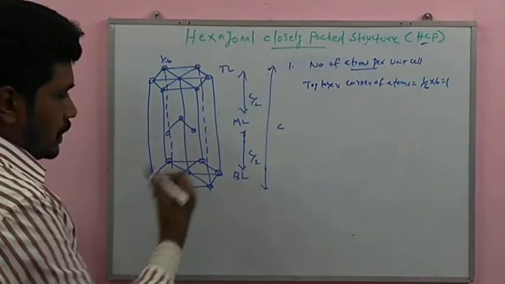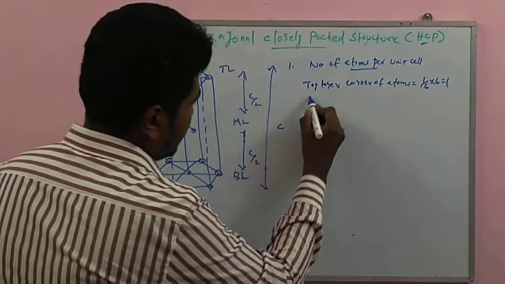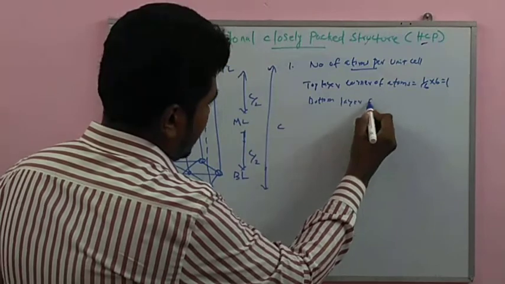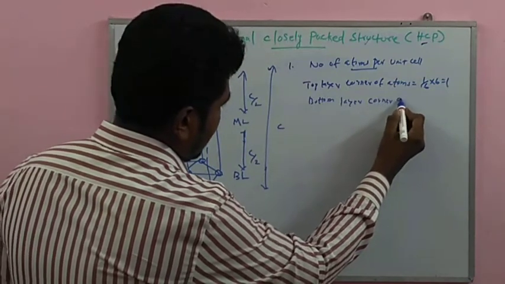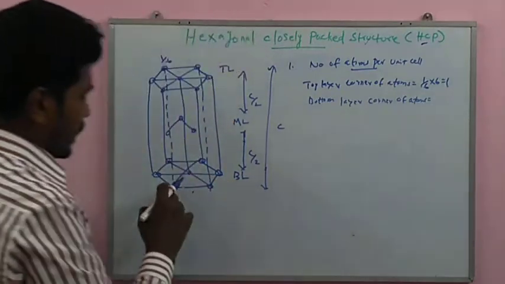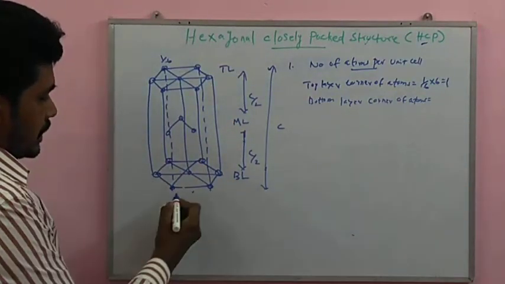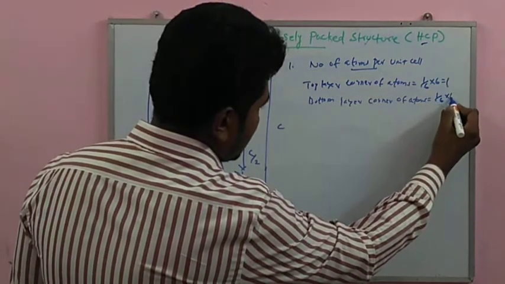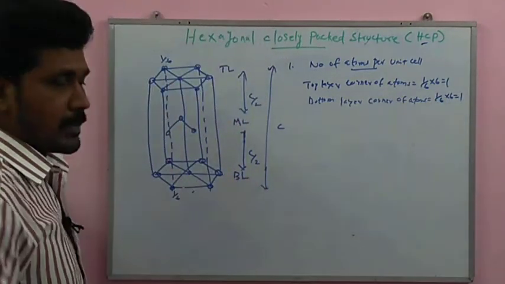So next we go to the bottom layer corner atoms. The same ratio. There are 6 corner atoms, so each atom is shared by a 1/6 ratio. So 1/6 into 6 is equal to 1. Understand?